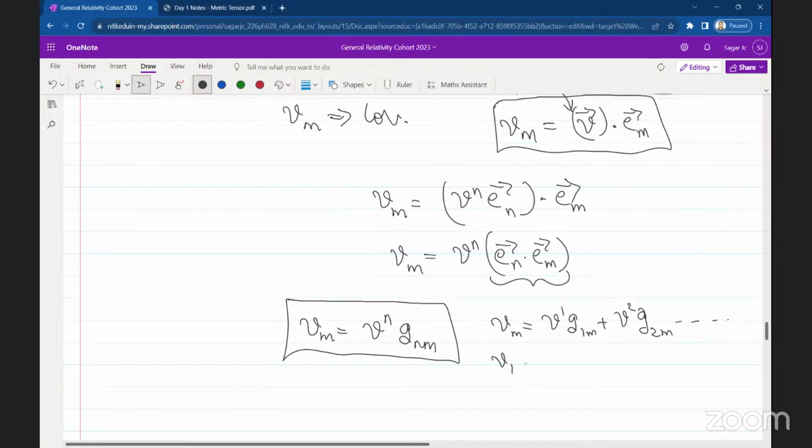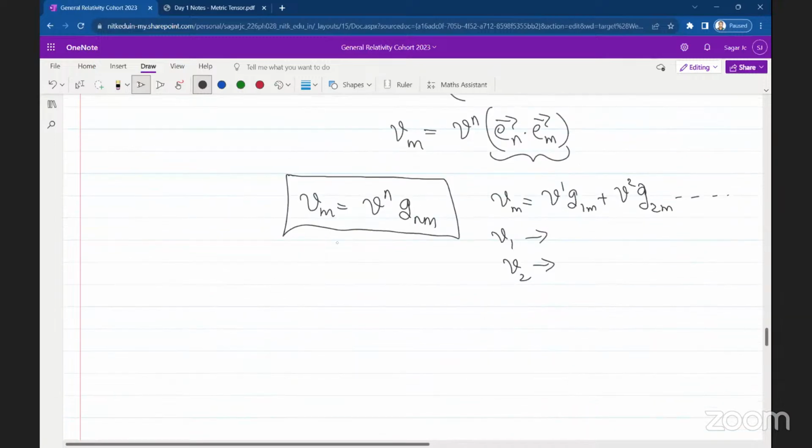I can get V_1 by substituting m equal to 1, V_2 by substituting m equal to 2, and so on. So if there is any tensor, say V^n, and I multiply it with g_nm, I get V_m. So it helps in raising or lowering the index.